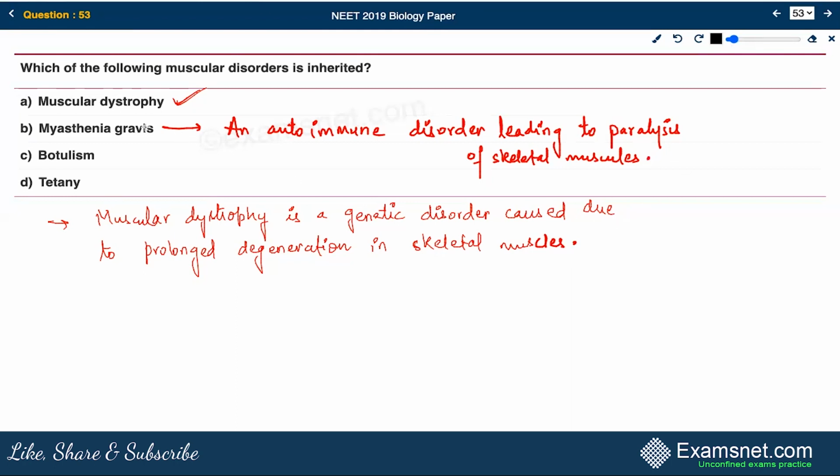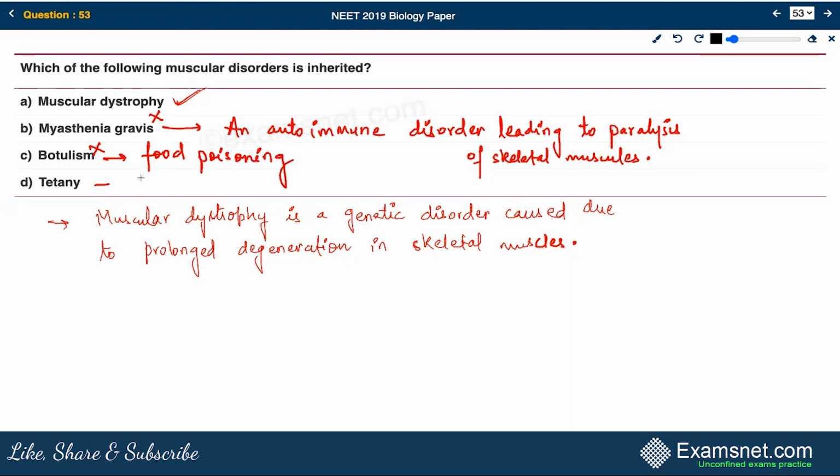While botulism is a kind of food poisoning disease, so this again won't be an option. And tetany is a kind of muscular spasm.